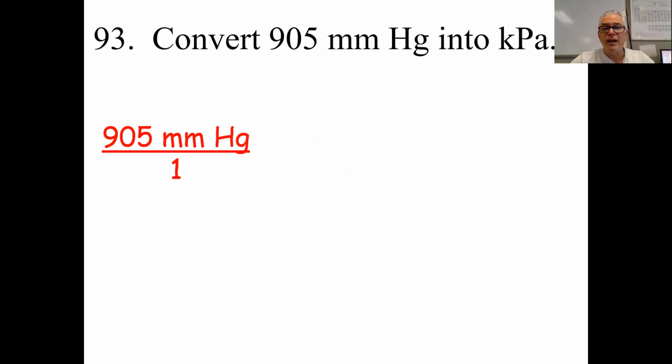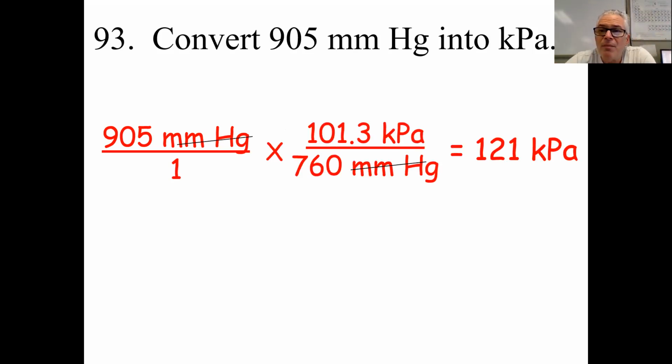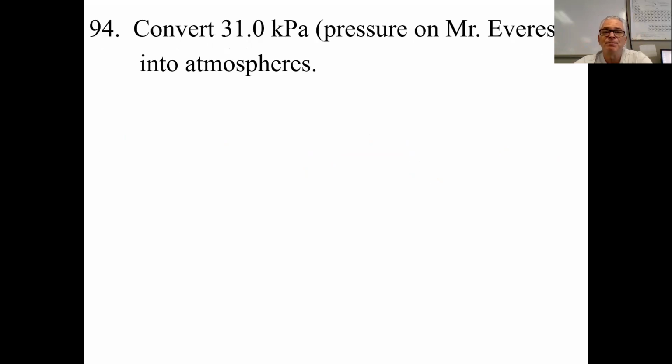Since millimeters is already in the numerator, I'm going to put millimeters in the denominator and 101.3 kPa in the numerator. That conversion factor in the middle equals 1. We're multiplying it by 1. All we're doing is converting the units. Millimeters disappear. This turns into kPa. 905 millimeters of mercury is the same as 121 kPa.